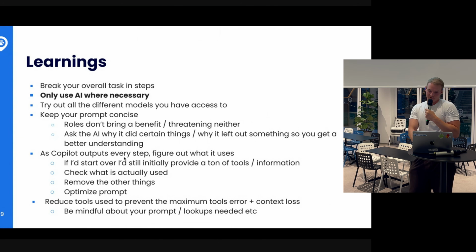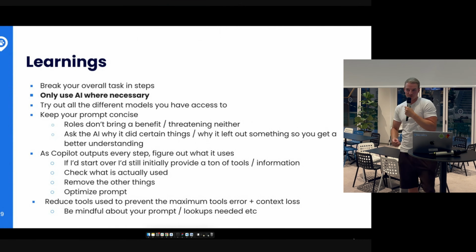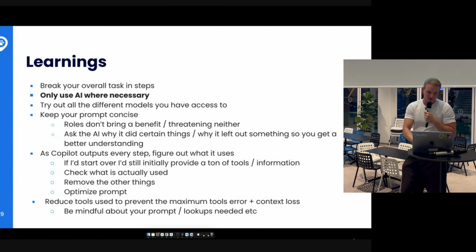And also, in the case of Copilot, it outputs every step, every file it reads, everything it does pretty much. So you can always question it, ask it, why did you do this? What made you think that this maps to that, etc., which is quite helpful. You can work with that and then improve your prompting or maybe provide initial resources.